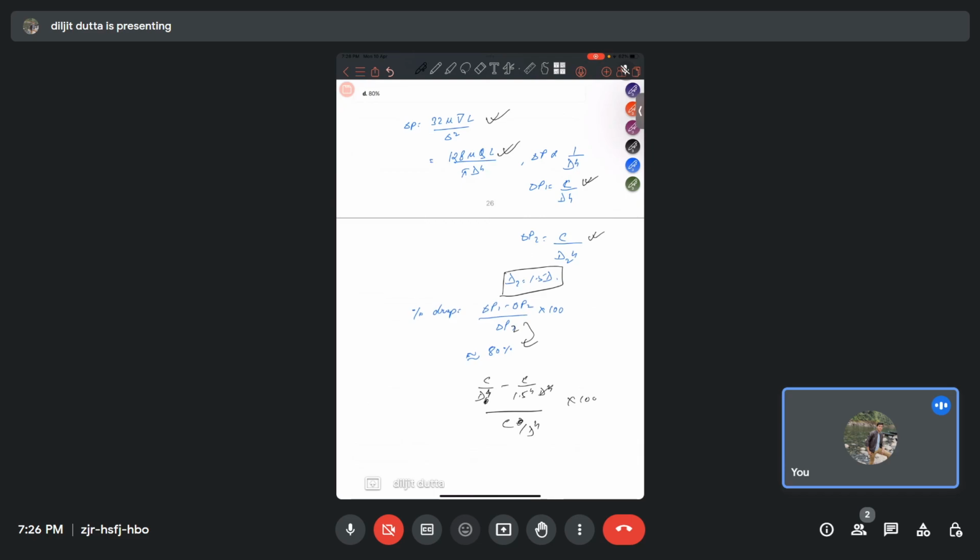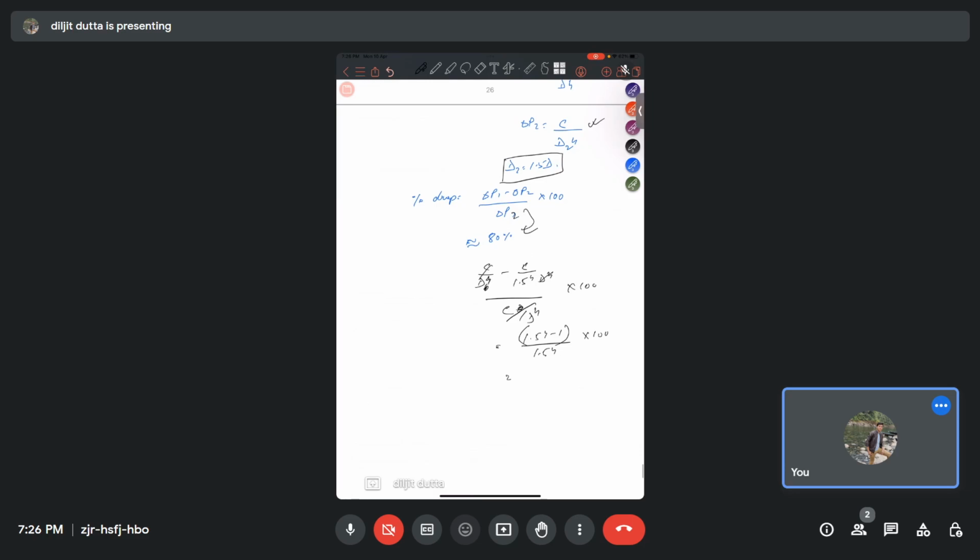So see where you can cancel these terms. So 1.5 to the power 4.